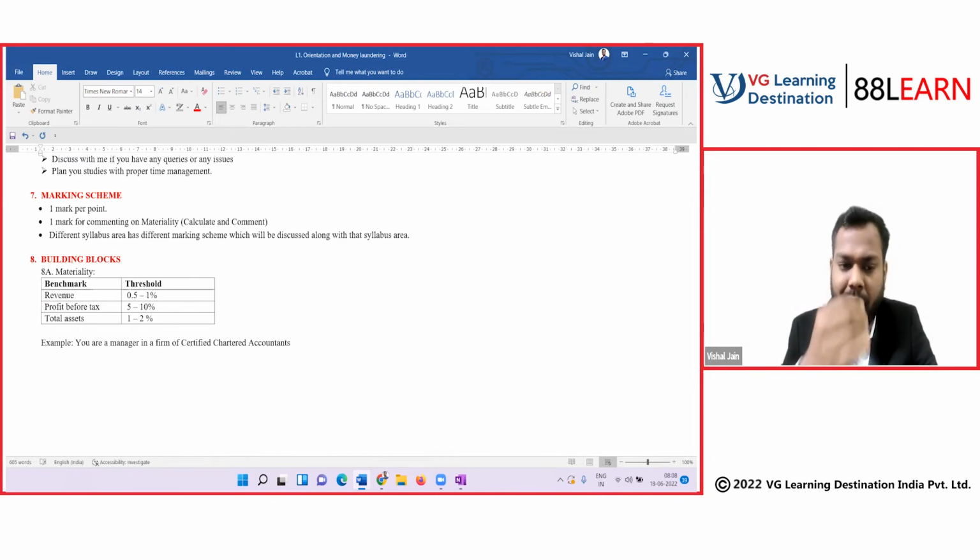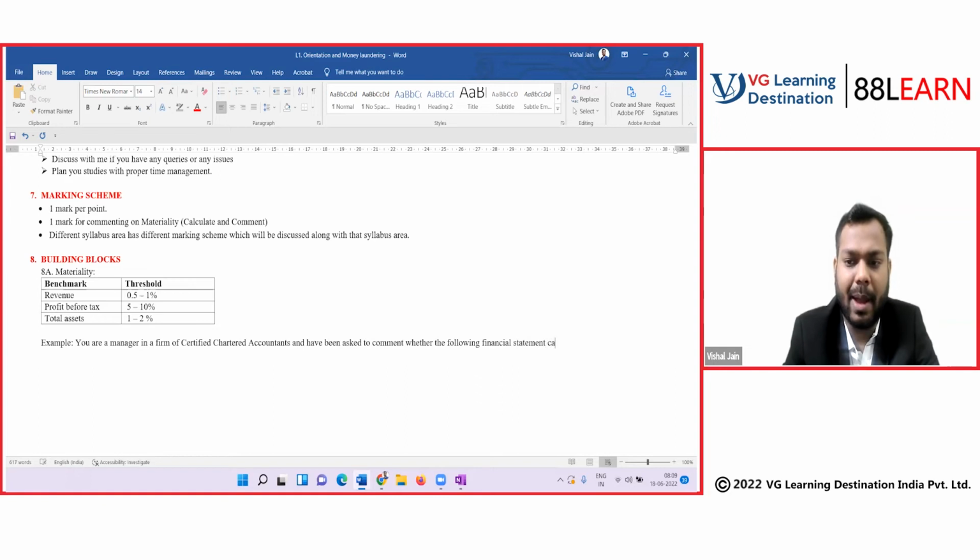You're a manager in a firm and have been asked to comment whether the following financial statement captions are material to the entity or not.